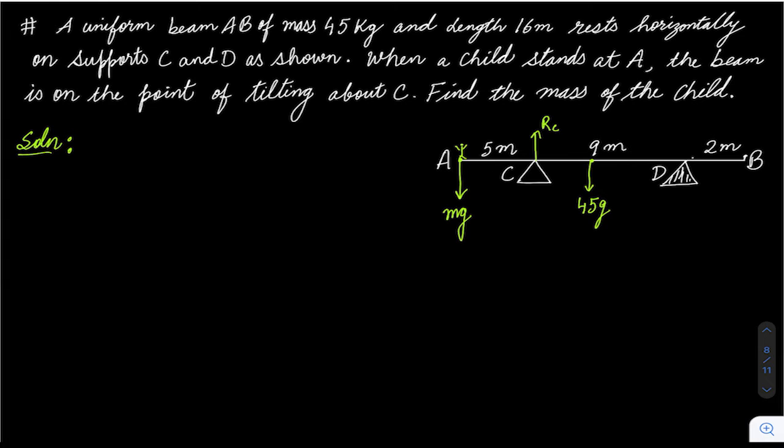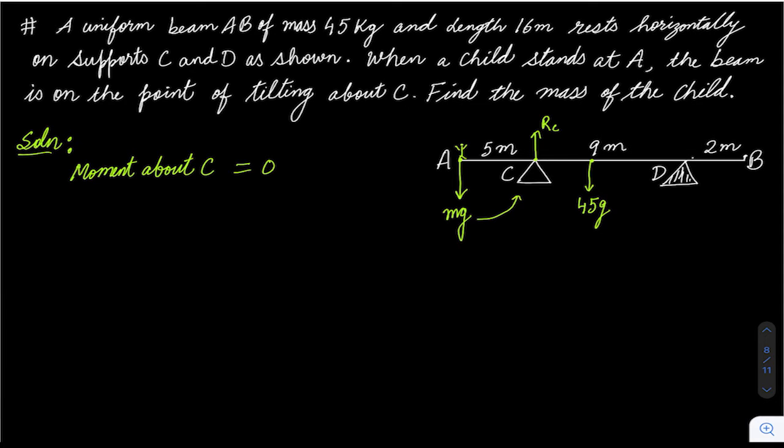We have to find the mass of the child, and we know that the moment about C will be equal to 0, and the reaction force at D will be 0. So when we take moments about C, for mg, this is the force, it will go in this direction.